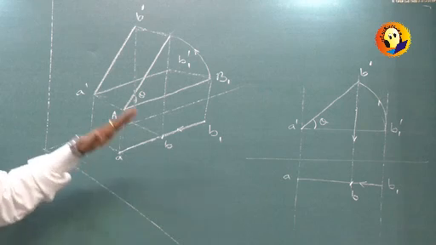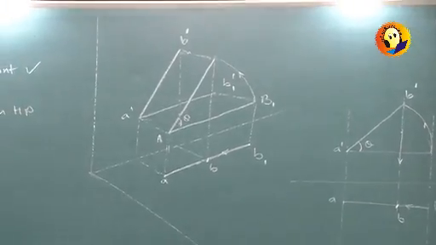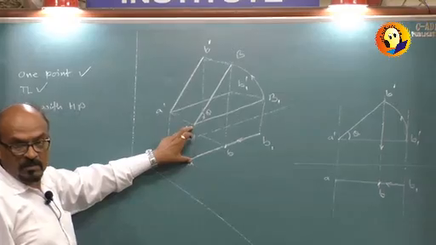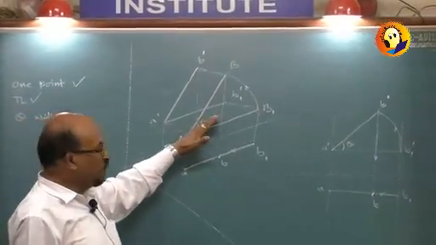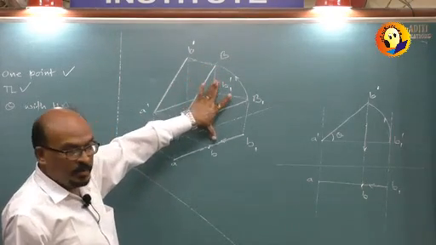Now see, as the line makes theta with HP, true length is known to us, and one point is also known to us. Now with this, the height of point B from HP gets fixed, because point A is fixed, theta is fixed, true length is fixed, so obviously this height will be fixed.